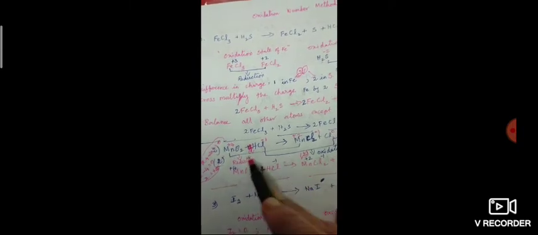And for chlorine, -1 to 0: 2 HCl is there, so 2 times -1 is -2, -2 to 0. The difference is 2. So the 2 will get cancelled, because being similar we can simplify it. So we need not cross multiply, because this got cancelled.